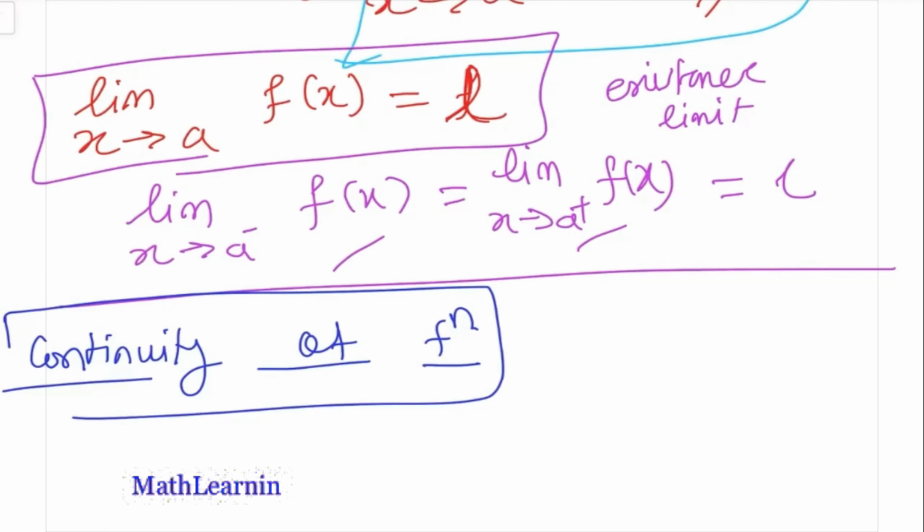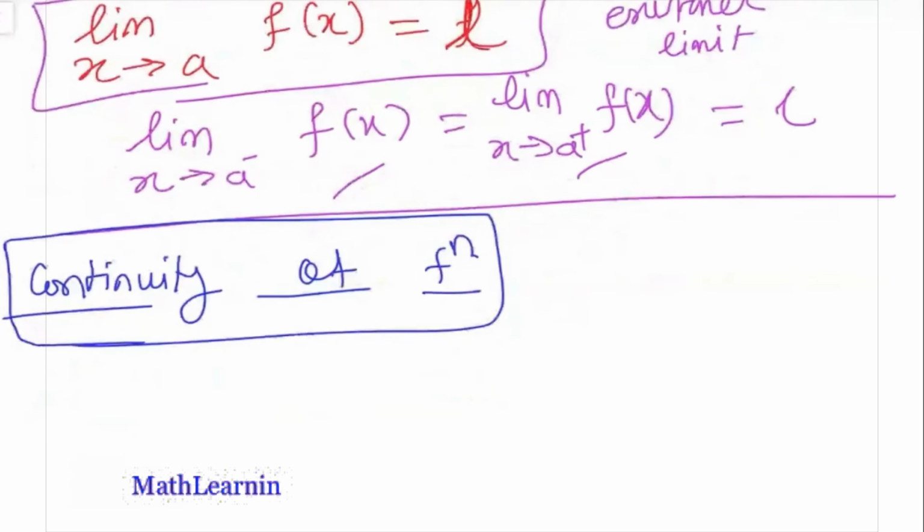When do you say that a function is continuous? When the left hand limit is equal to the right hand limit. Very good. And that is equal to the function value. What is the function value here? Basically I want to know what the value of L is for continuity. So f of a.